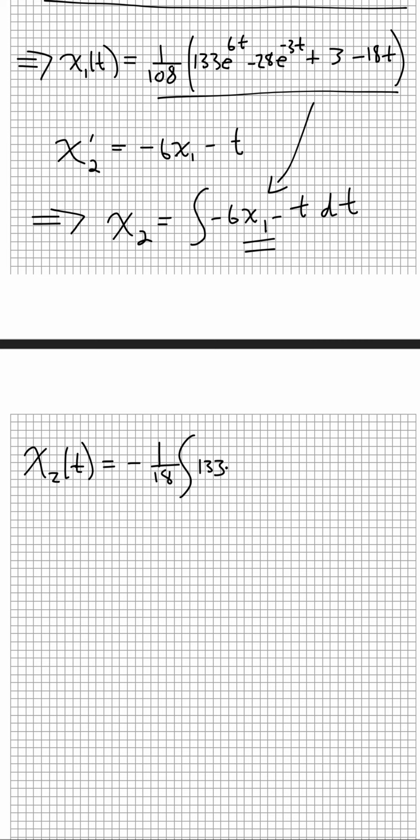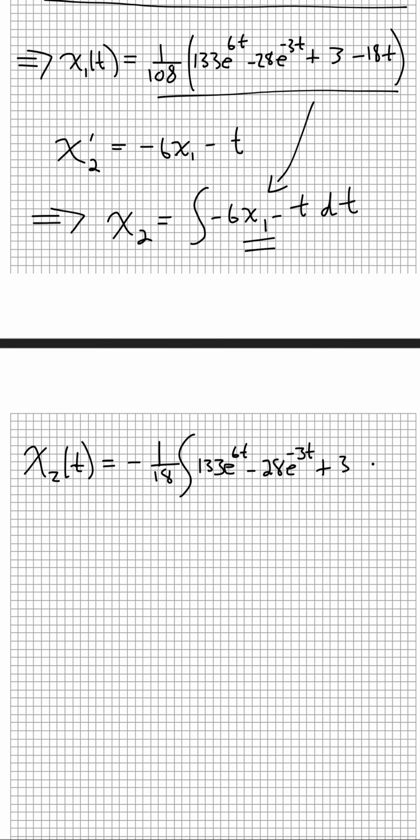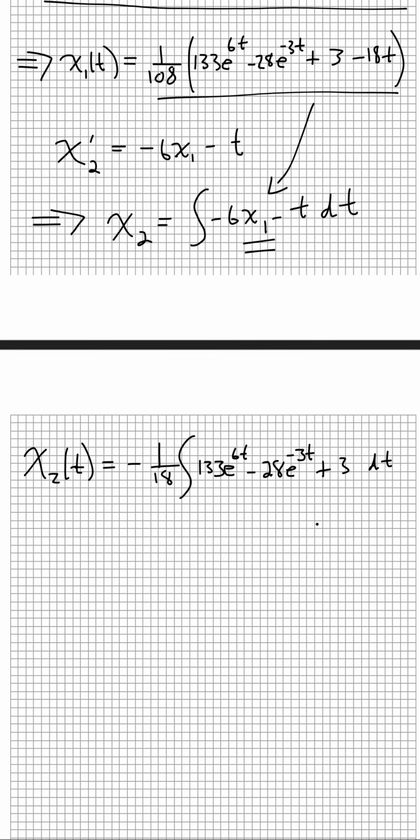And this comes from plugging in our first solution, e to the 6t, all right, minus 28 e to the -3t, all right, plus 3, all with respect to t. Okay. So if you plug it in, you'll notice that the t's will cancel, and we get this expression here.